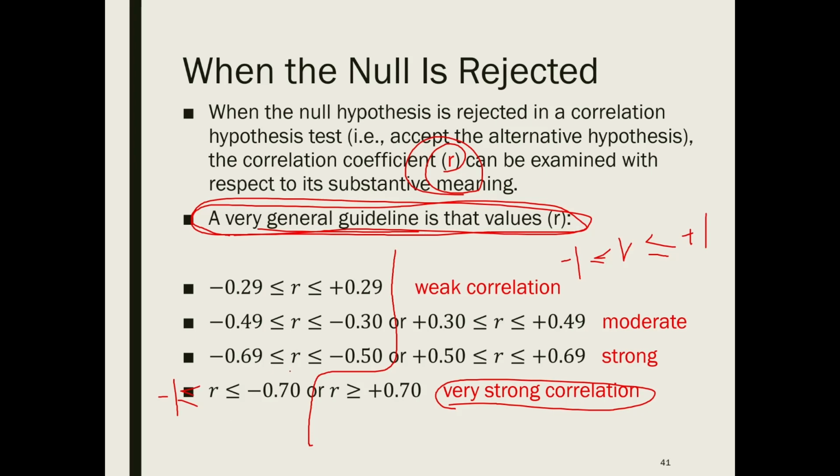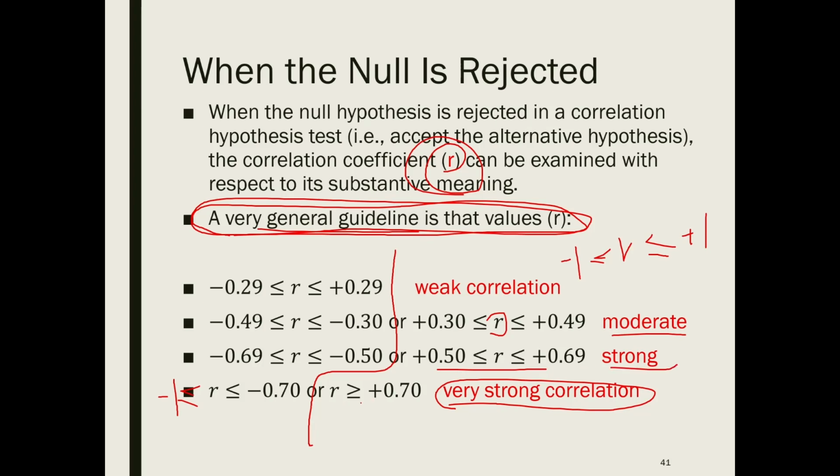On the positive side, if the coefficient R is between positive 0.30 and 0.49, it is a moderate correlation. Between 0.50 and 0.69, it is a strong correlation.